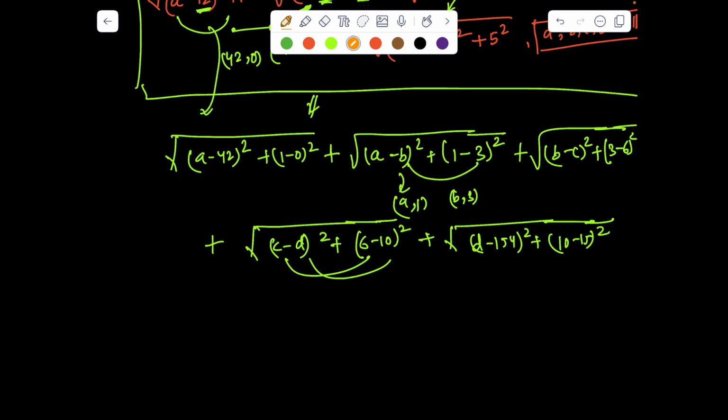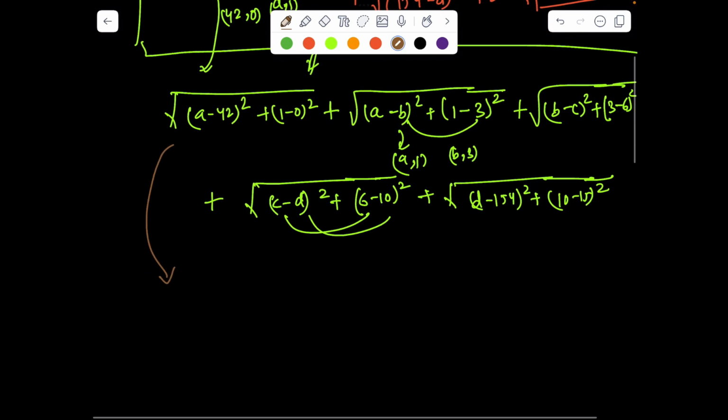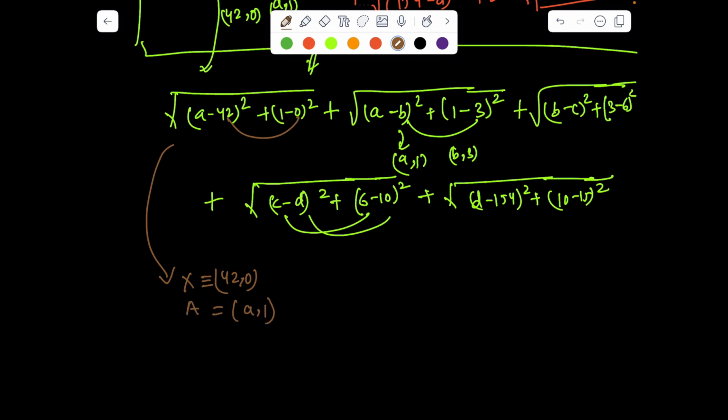And now if we decode it further, let's see what these points will look like. So clearly I can take point X to be, let's say, 42, 0, and we can take point A to be a, 1. We can take point B from the next bracket as b, 3.